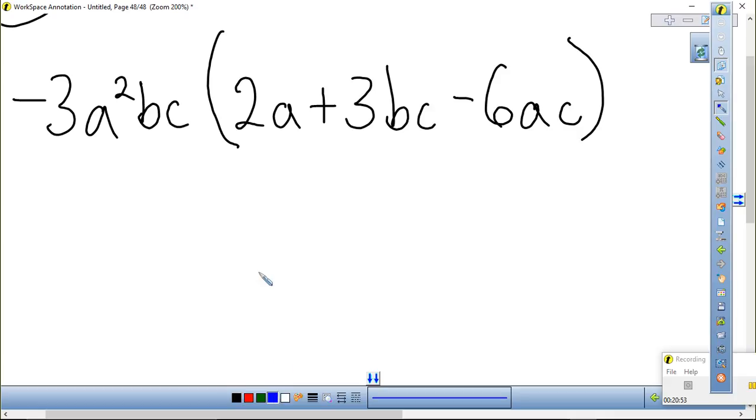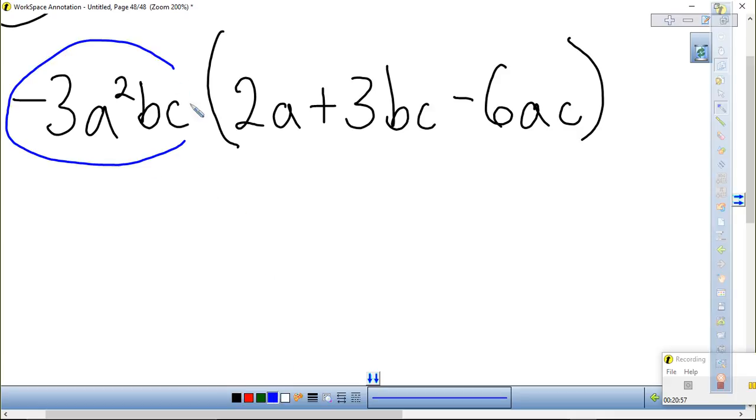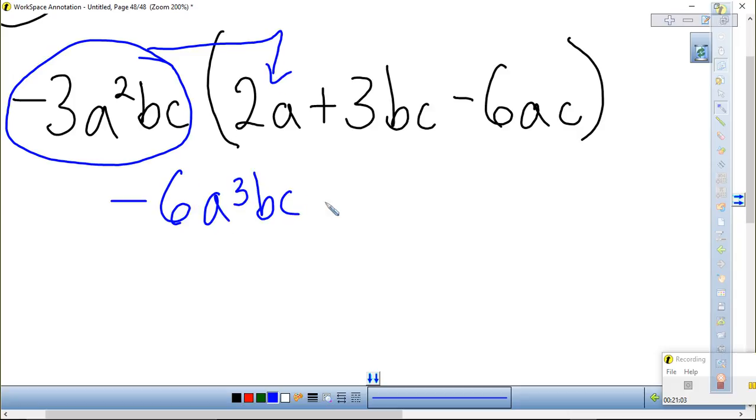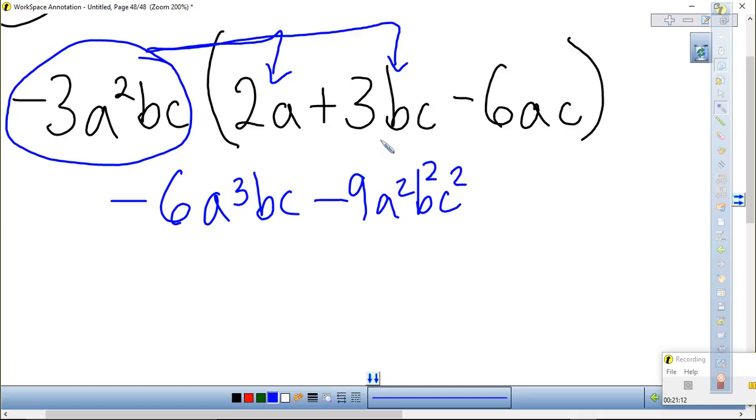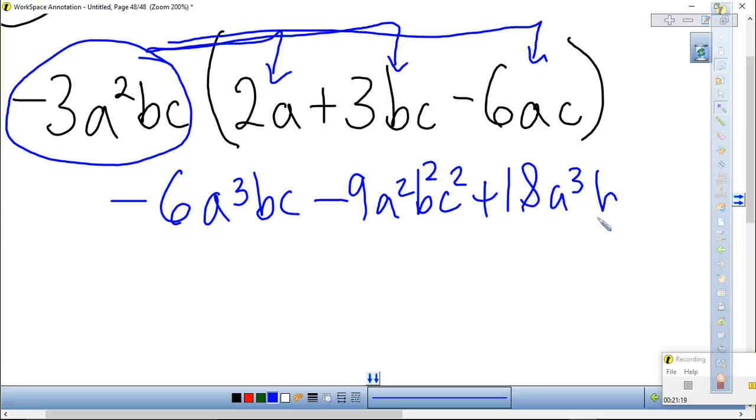Okay, let's see. I'm going to do distribution. This becomes negative 6 a to the third bc. This becomes negative 9 a squared b squared c squared. This becomes positive 18 a cubed b c squared.